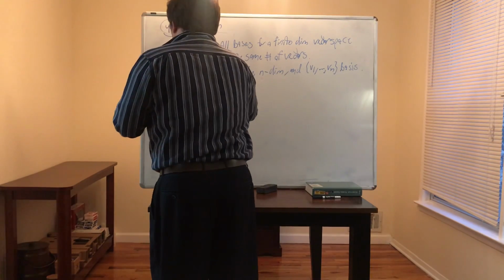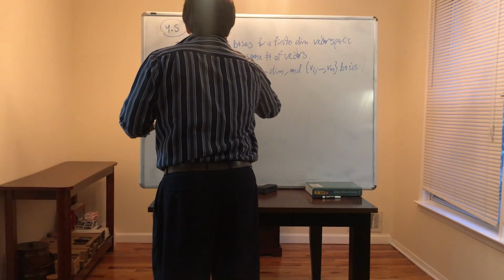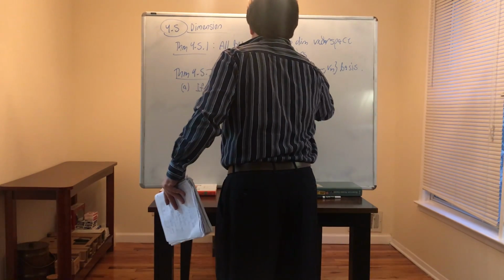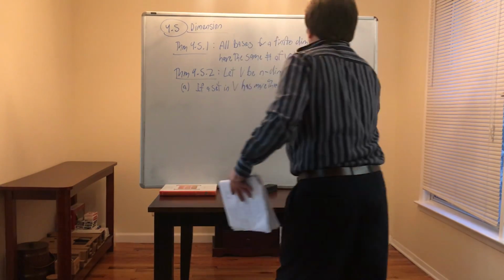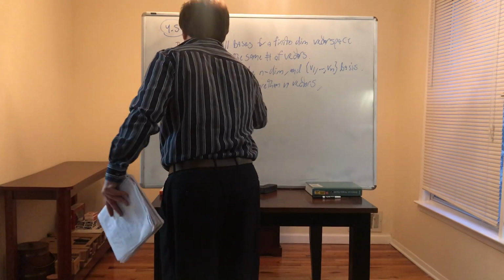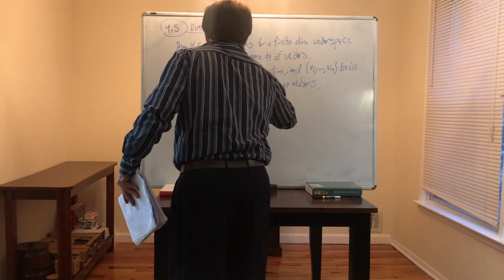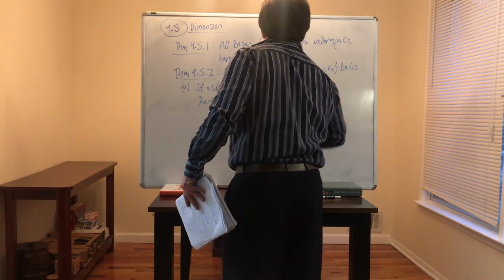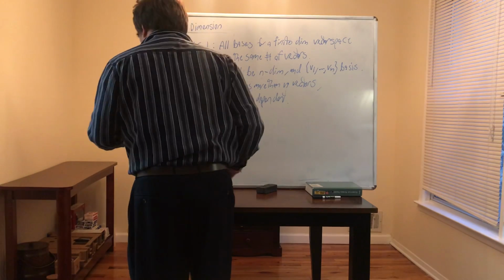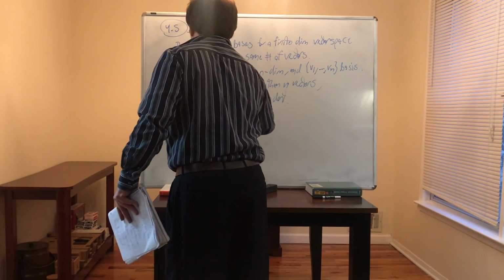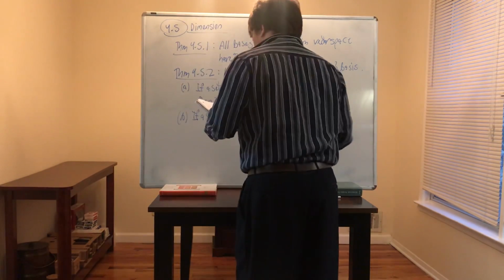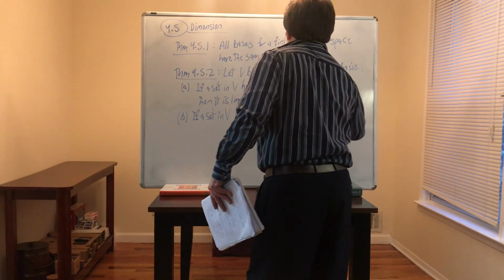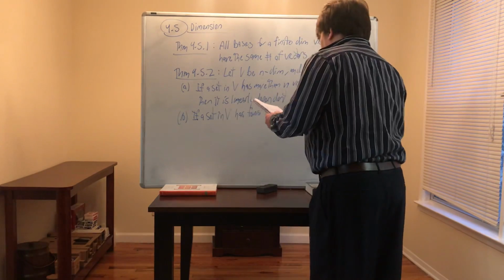Part A, if a set in capital V has more than n vectors, then it is linearly dependent. Okay, and part B, if a set in V has fewer than n vectors, then it does not span V.